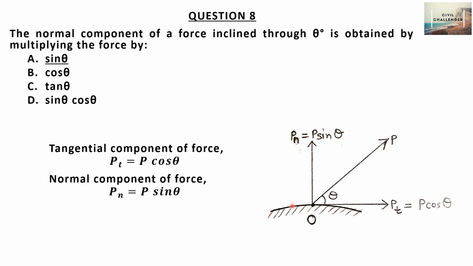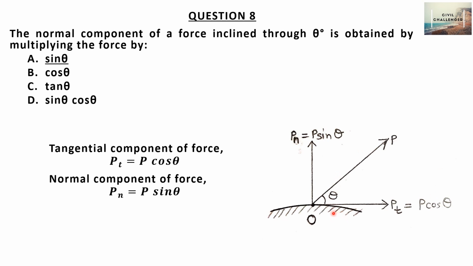Okay, now applying the resolution of force, we know that the horizontal component, okay, or the tangential component is P cos theta and the normal component is P sin theta. Now another thing to note that this tangential component cannot always be horizontal because it can have any direction.